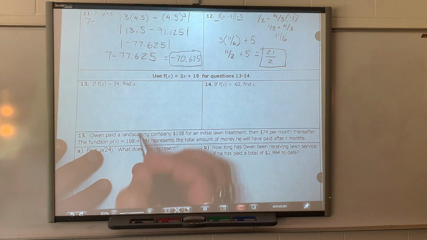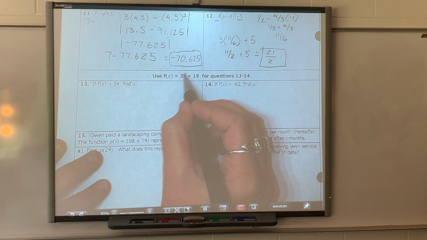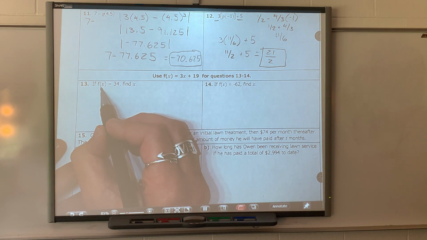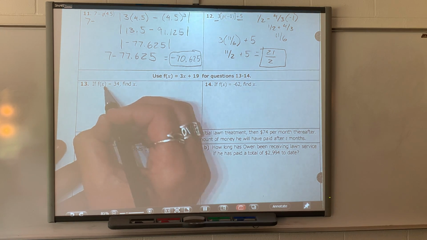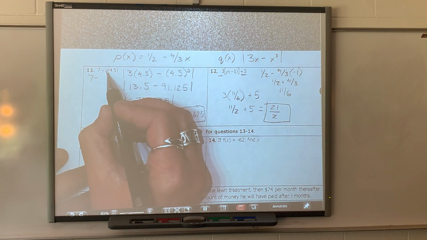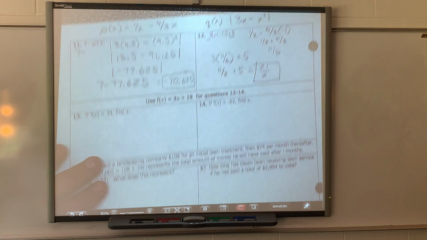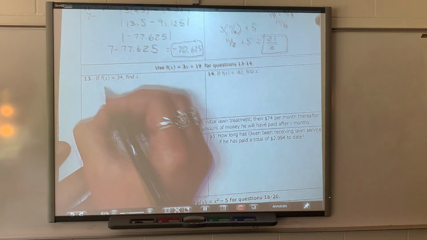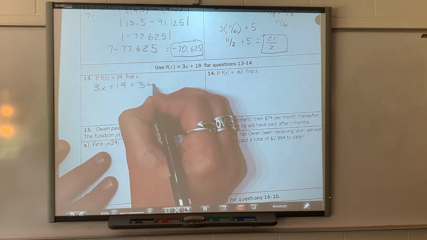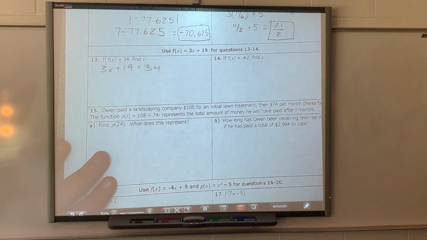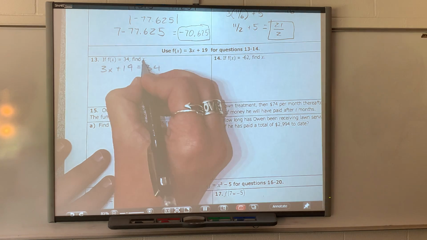So this is different than plugging it into x. You see what I'm saying? So now we're saying 3x plus 19 is equal to 34, because this says find x.